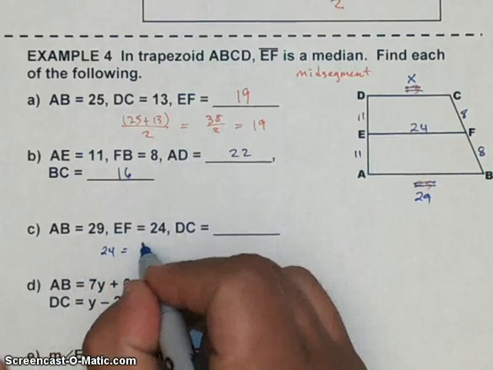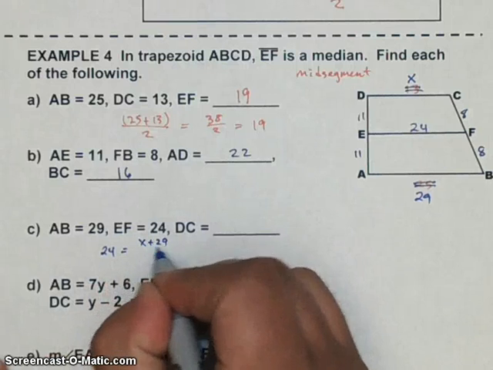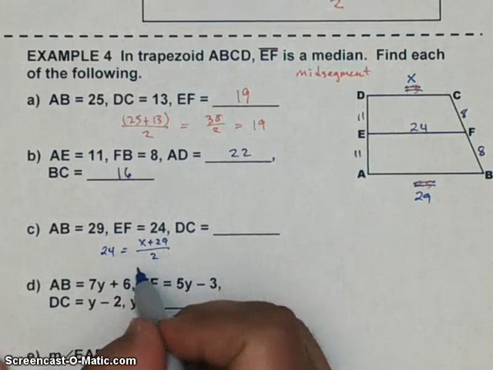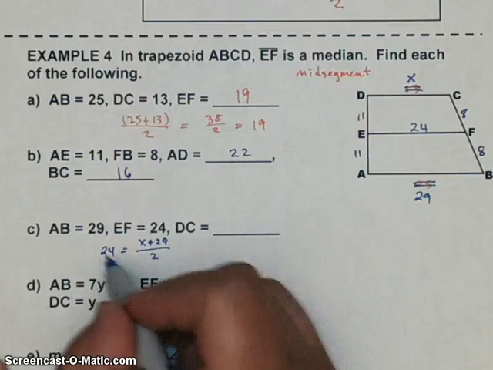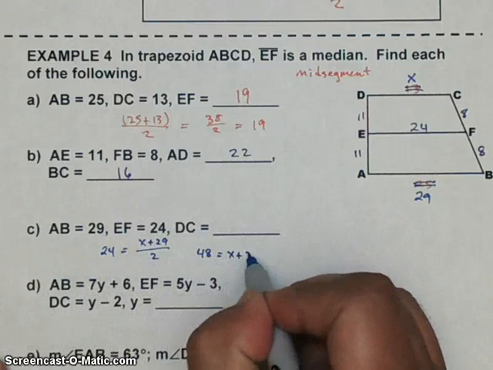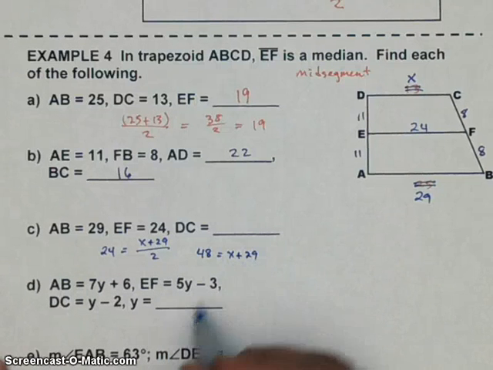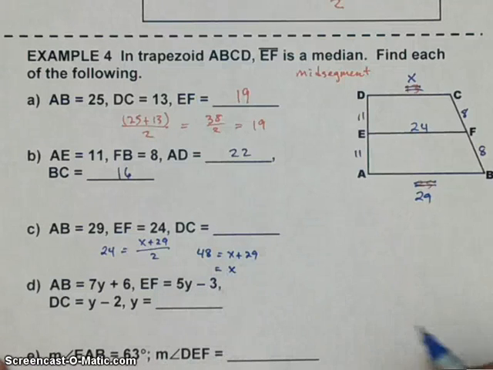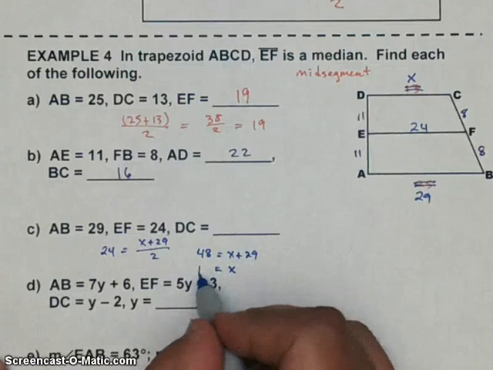That's going to be equal to x plus 29 divided by 2. Alright, so we got to get rid of this fraction, so I'm going to multiply both sides by 2. That's going to give me 48 is equal to x plus 29. Alright, I subtract 29 from both sides, and I get that x is going to be 19.